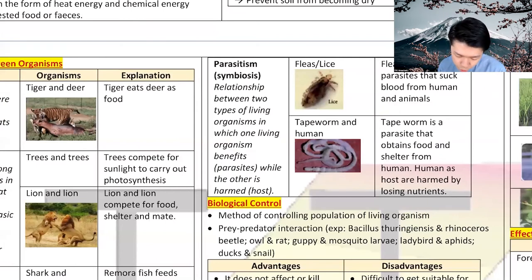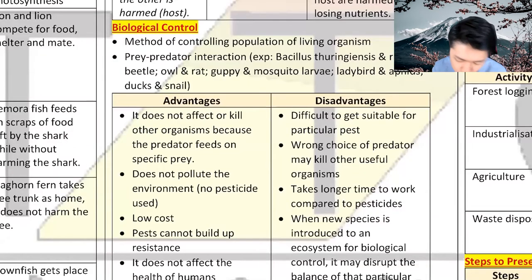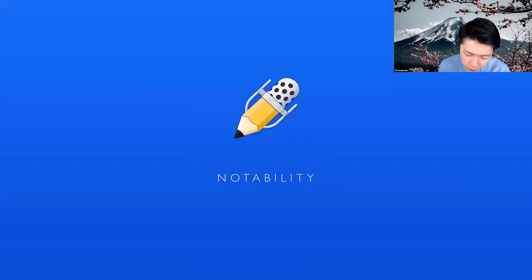In biological control, that's one of the ways to control caterpillars, because caterpillars can be quite destructive to your plant, so we can use the wasps to lay eggs at the back, and then the eggs will feed on the caterpillar, so the caterpillar will die. All right, so everybody, this is called parasitism.